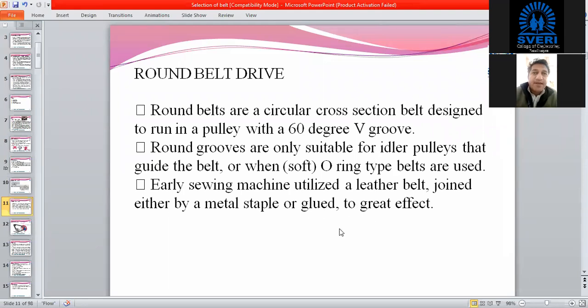But they are utilized for very light applications. They can be made of rubber or they can be manufactured from leather also. Leather belt can be used in such cases.